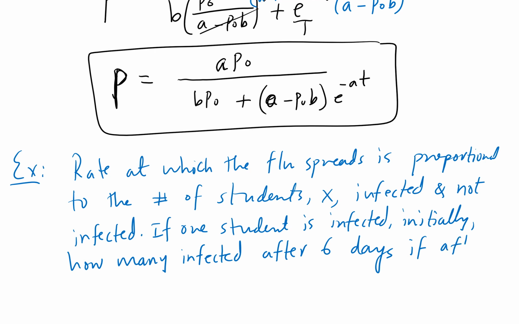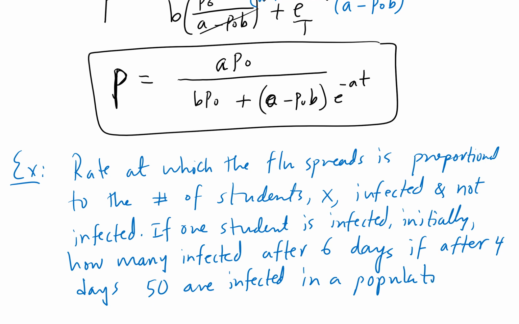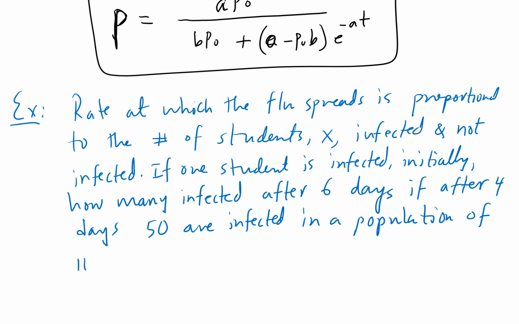If after 4 days 50 are infected in a population of 1,000, let's say 1,000 students.